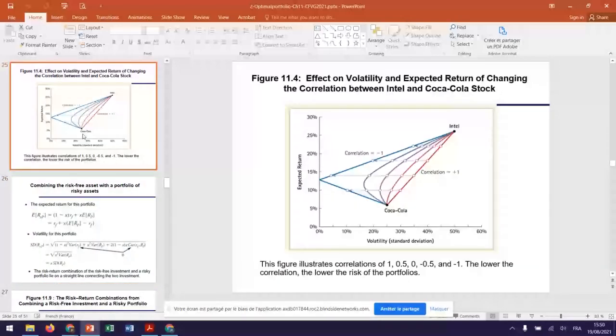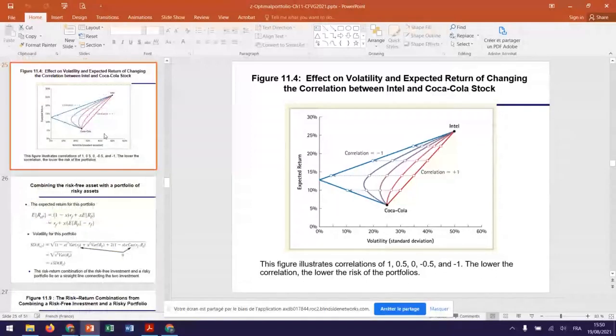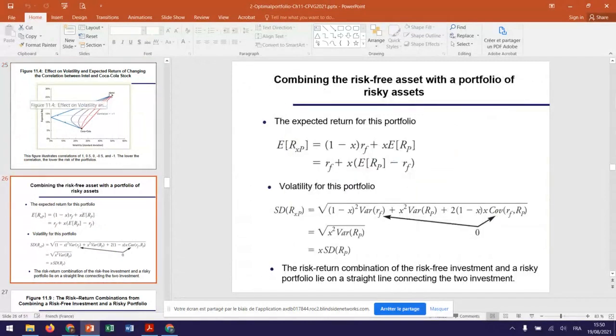Right now, let's form a different type of portfolio. Let's assume that I have a portfolio P. If I want to combine the risk-free asset with the portfolio P, what can happen?